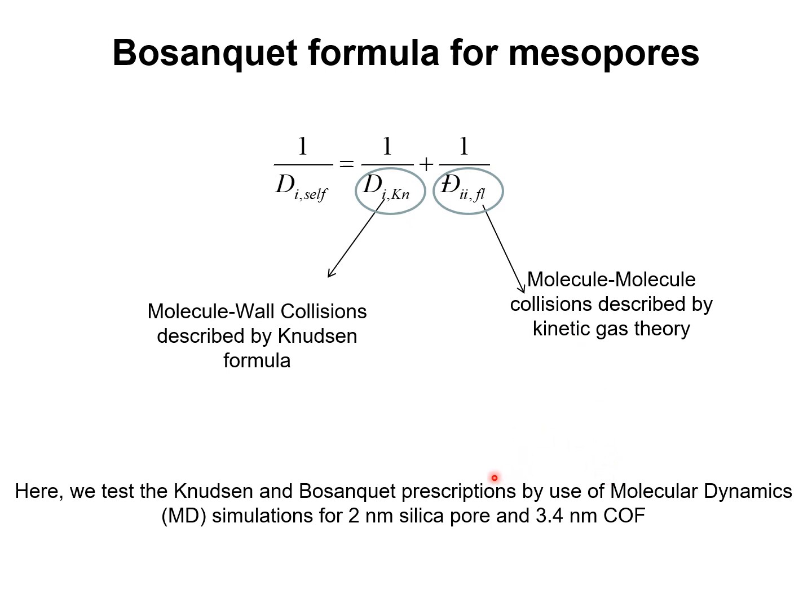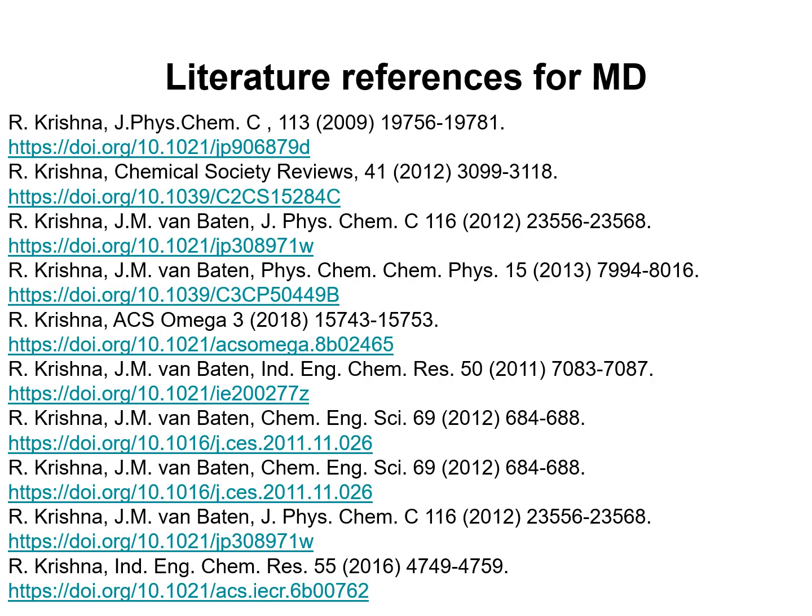In this presentation, we test the applicability of the Knudsen and Bosanquet prescriptions by use of molecular dynamic simulations for a 2 nanometer silica pore and a 3.4 nanometer covalent organic framework. The molecular dynamic simulation data and the background theory are provided in the publications that are listed on the slide.